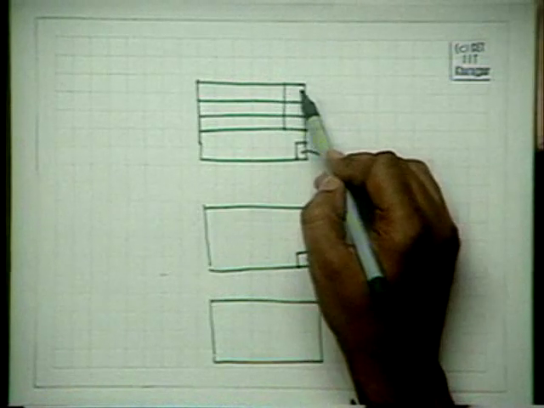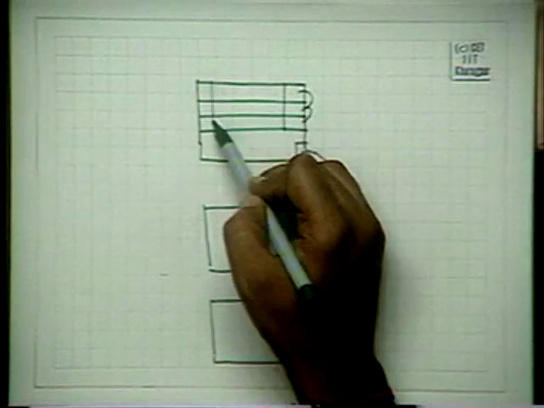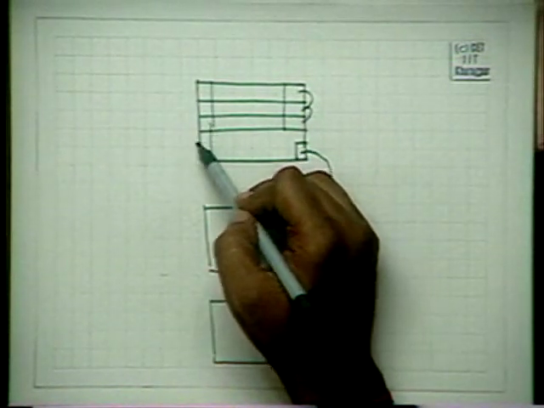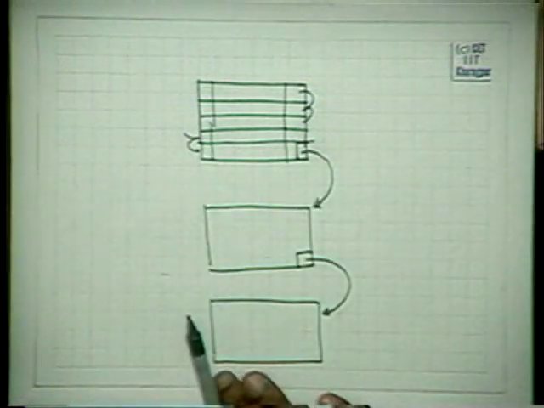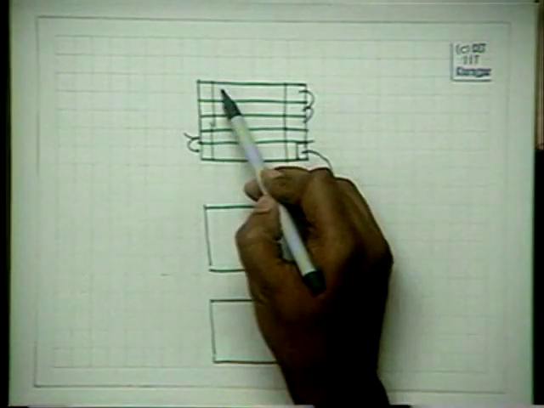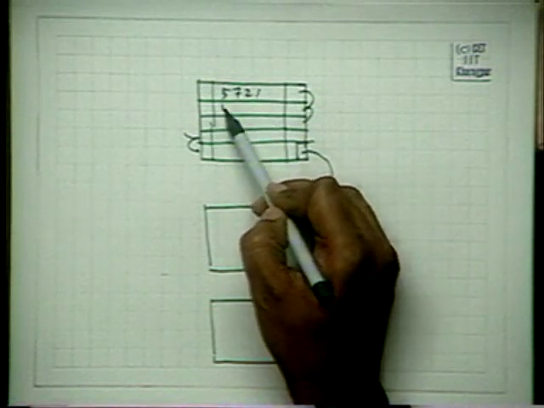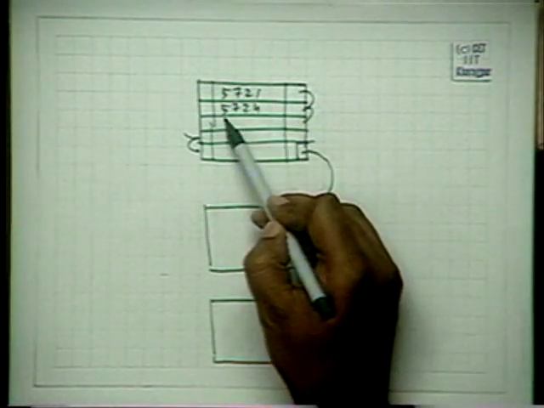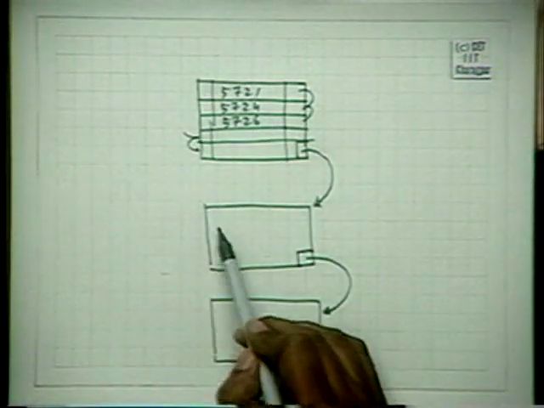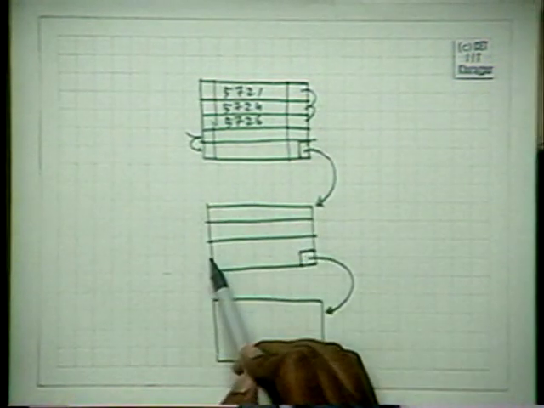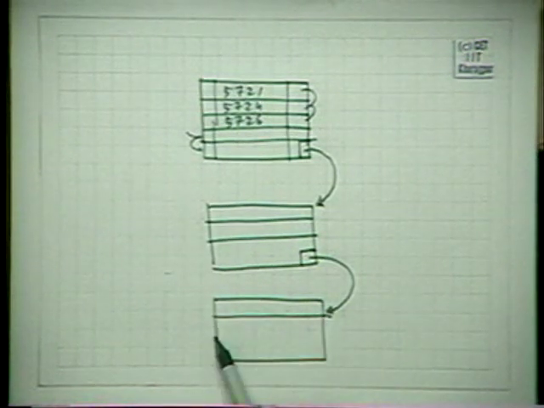So, you have the next pointers and you also have the available pointers. That is, for the block you have the next, these are filled. And these two are free. Here also you will have some filled and some free.